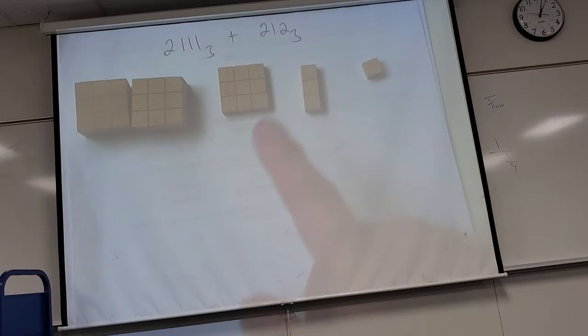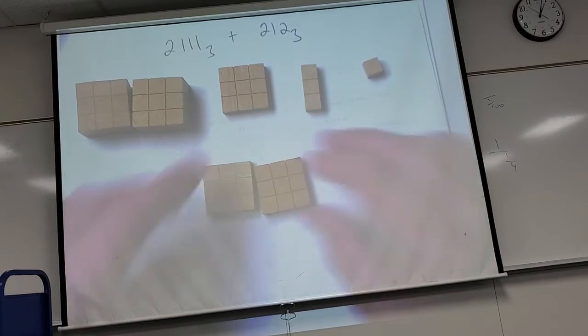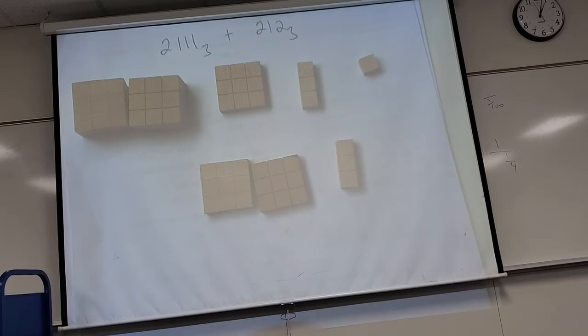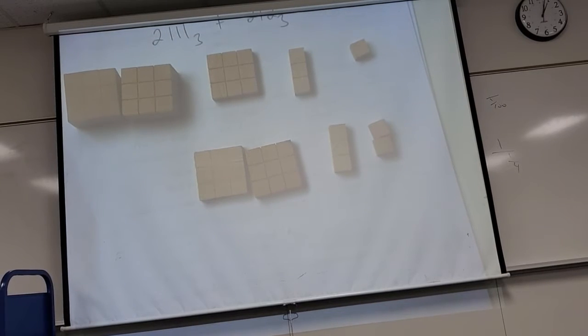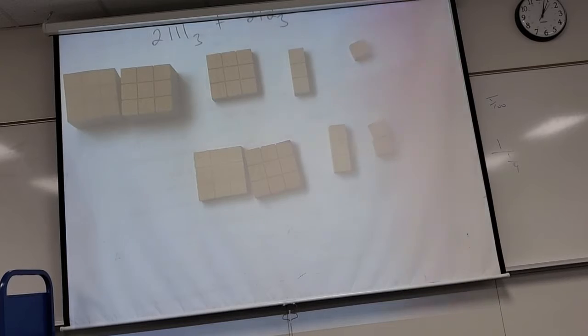And then I got 2 flats, 1 long, and 2 of these guys. Niftedelic. All right, and not surprisingly, you do it the same way we add. We start here, build our way up.